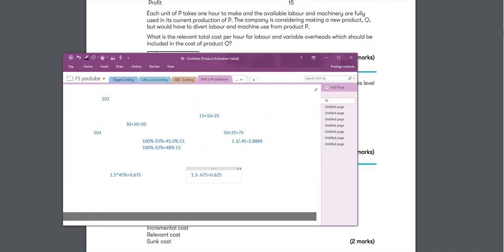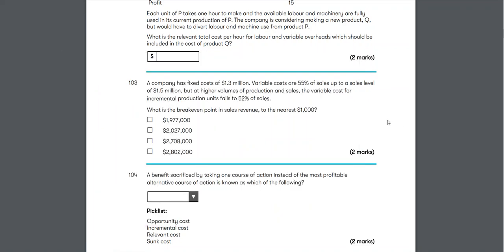So we need 0.625 extra contribution. Now the contribution after 1.5 million sales is 48%, so divide 0.625 by 0.48 and it becomes 1.3021. So 1.5 plus 1.3021 becomes 2.82 something. That means D would be correct.